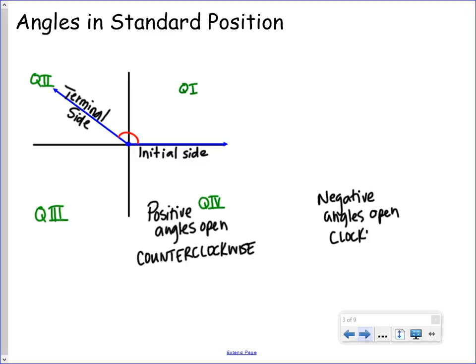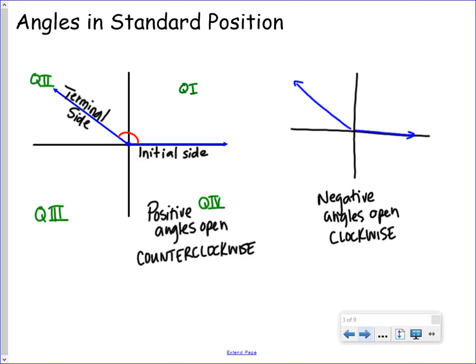This way, if we all draw angles in standard position, then my angle will look like Blake's angle, which will look like Bruin's angle, and we'll know we all have the same angle. So we're standardizing what the angle looks like, so it's easier for us to look at and compare. If I draw a negative angle, I'm actually going to draw something that looks almost exactly like the angle that I have on the left.